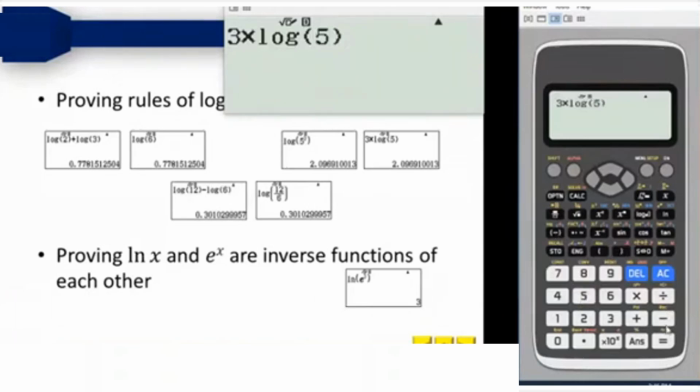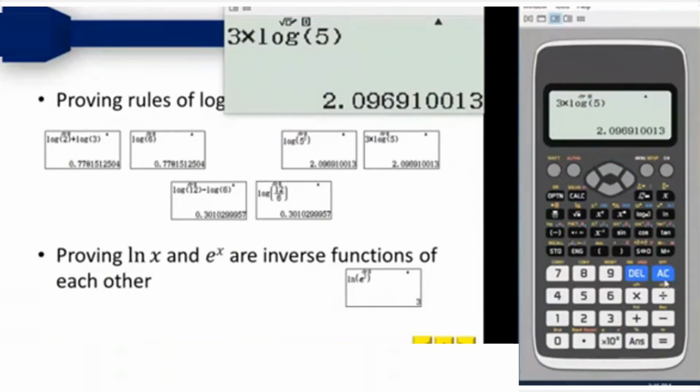So if you know the rules of logs, you can prove them through the calculator and check that the answers come out the same. All you need to do is ensure that you know the rules of logs. As long as you know the rules, you can prove them through the calculator. I hope this answers the question.